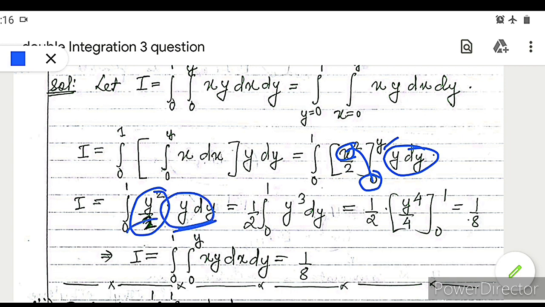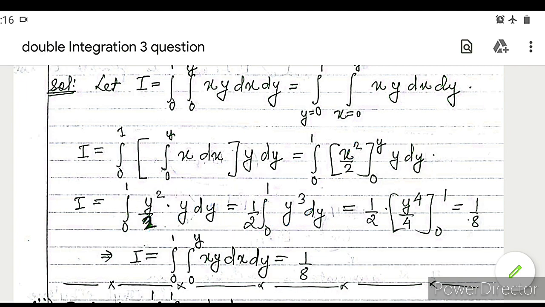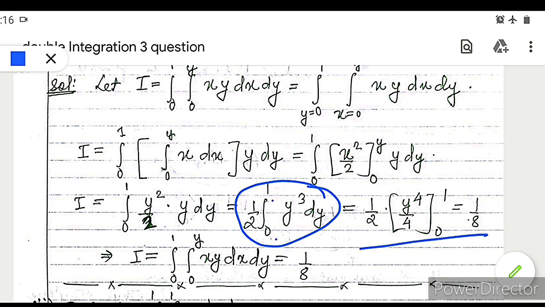So this 1 by 2 is outside, and y square into y is y cube. So you have to integrate y cube with respect to y from 0 to 1. So integration is this. Answer is 1 by 8.